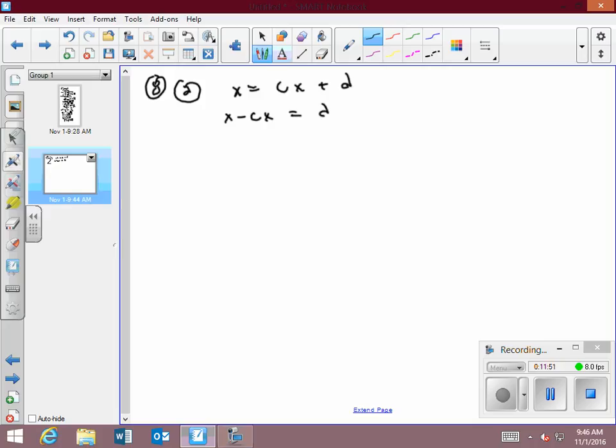So then we have X times 1 minus C. Or I guess I'll do it the other way. So if there's I minus C, X. These are square matrices, so they're invertible. And then it's I minus C inverse times D. So that's what we have.